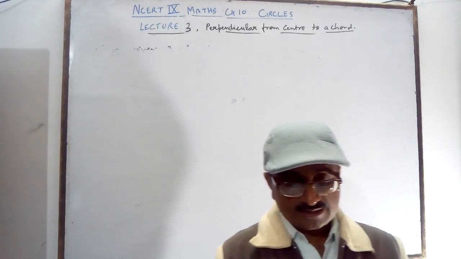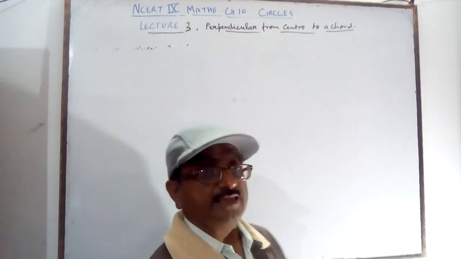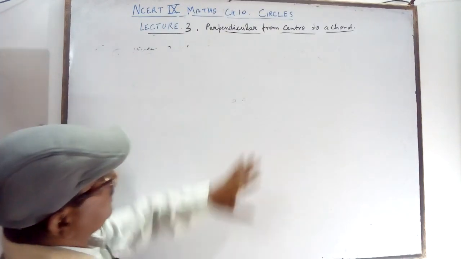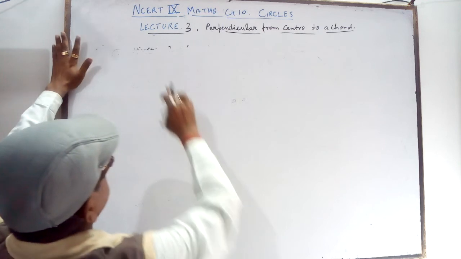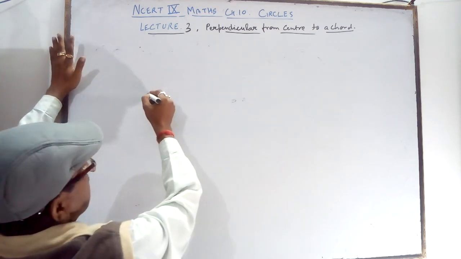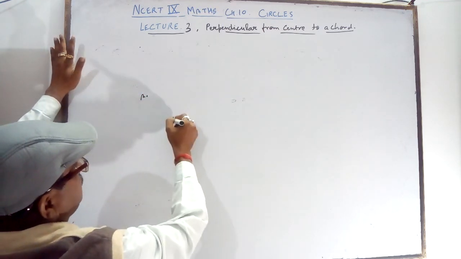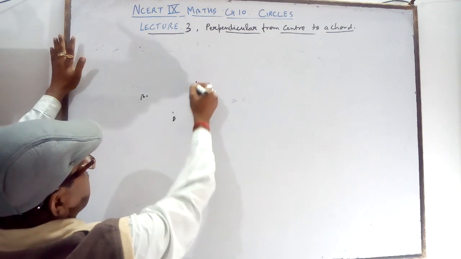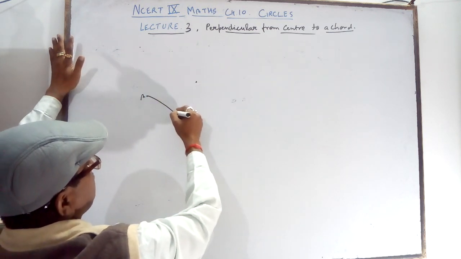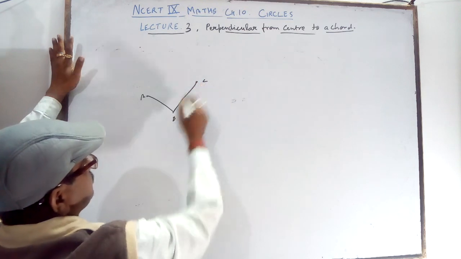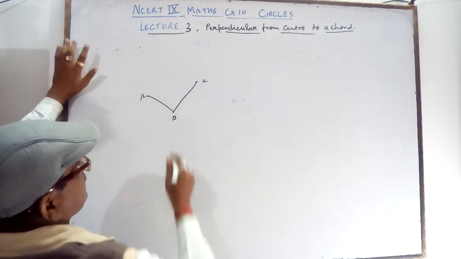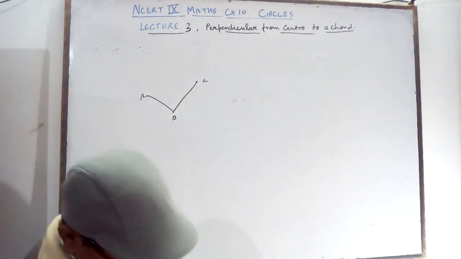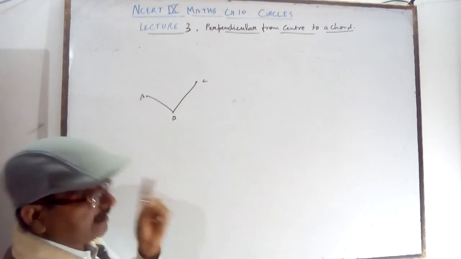So due to this, you can see that there is one and only one circle that passes through three non-collinear points. If there are three non-collinear points A, B and C, there is one and only one circle passing through them.